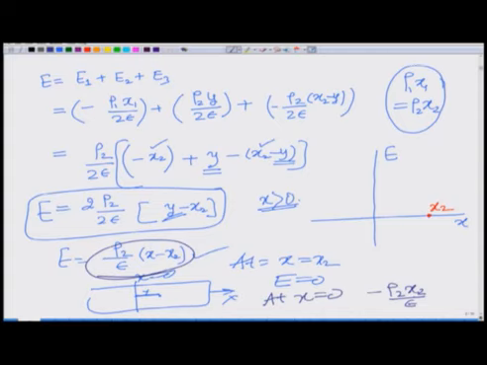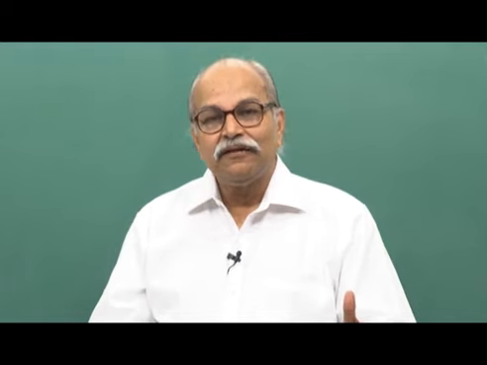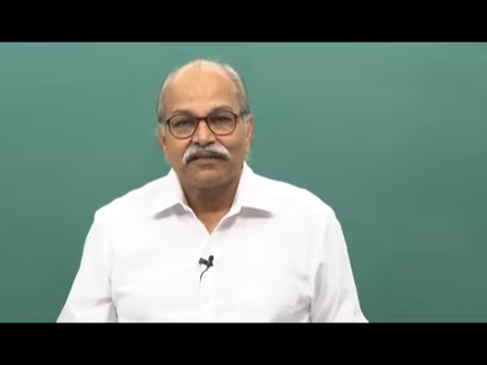So, at x equal to 0, you have this point, which is minus rho 2 x2 over epsilon, and then it is linear. You can see that this is a linear equation in x, so it should be a straight line. And now, the electric field to the left of the junction, you can immediately write from here.